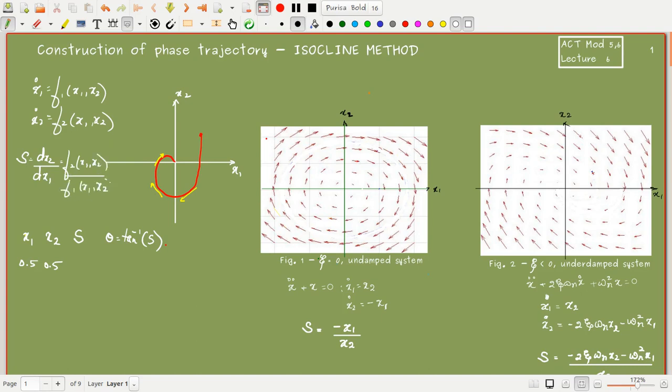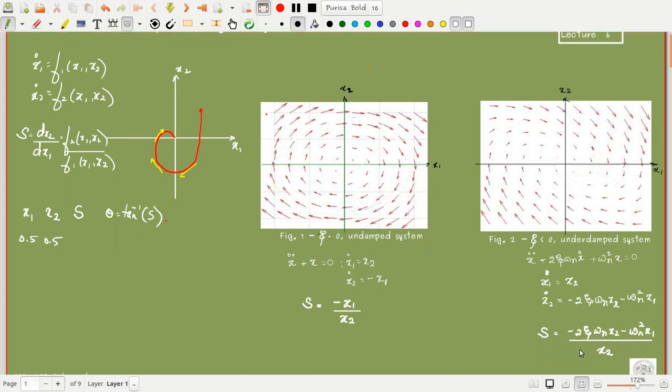For this system, S is equal to minus x1 by x2. For the second system drawn here, it is x2 dot divided by x1 dot, that is f2 of x1 comma x2 divided by f1 of x1 comma x2. You can also note that the denominator will always be x2 for these kinds of systems.